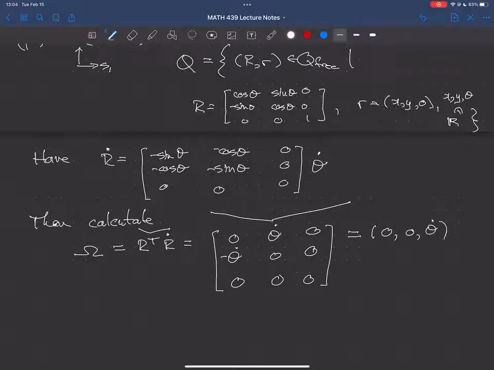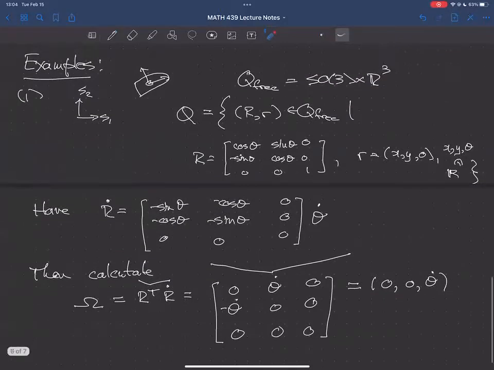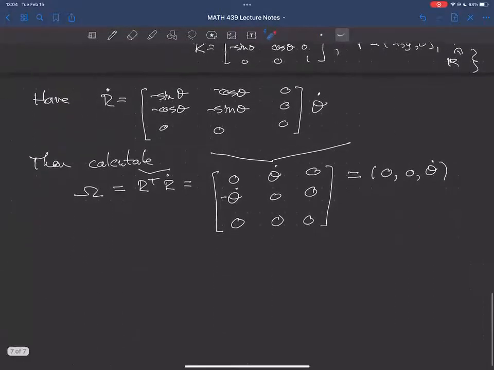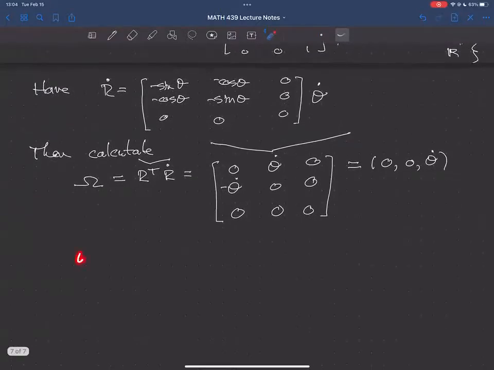Now this is physically exactly what we talked about last time. First of all, this angular velocity is only in the S3 direction, and this corresponds to the fact that as my body moves around on the plane, the rotations are rotations about the S3 axis. That interpretation is actually for the spatial velocity, but it turns out the spatial velocity is exactly the same.